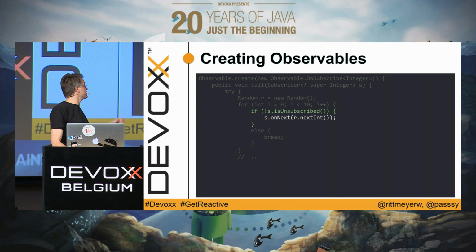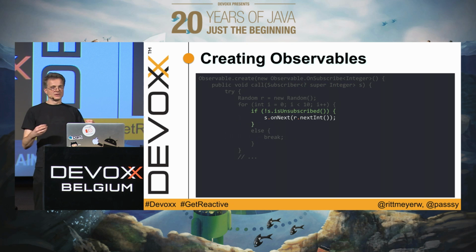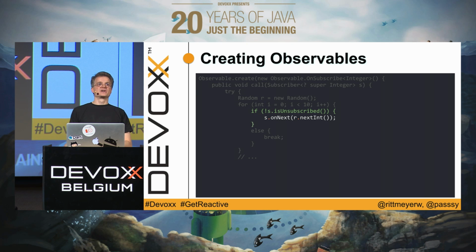Wrap every emission of objects, every callback method, with this check: if the subscriber is unsubscribed, then do not emit anything, do not call onCompleted, do not call onError, just break out of the loop and end this method.